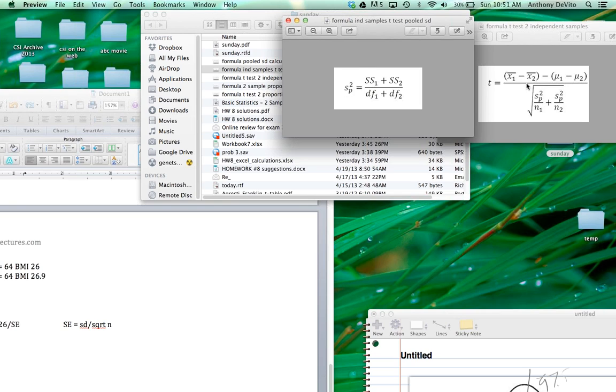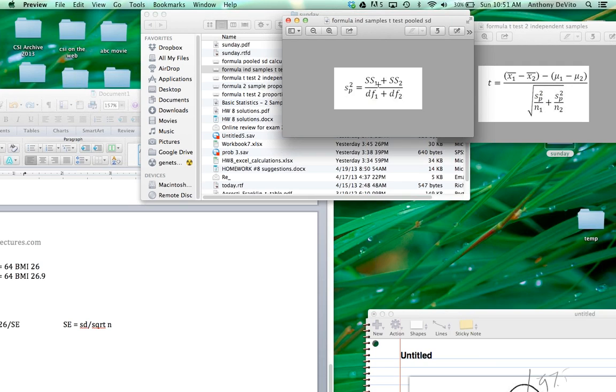The way that we got standard deviation was we took the sum of squares divided by the degrees of freedom to get the variance, and then took the square root, right? So you're doing the opposite here. You're taking the standard deviation, squaring it, and multiplying by the degrees of freedom to get this number.